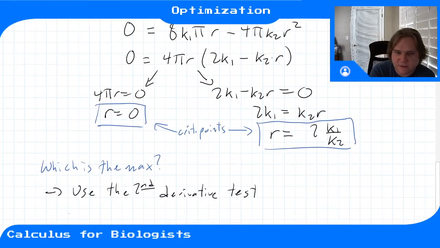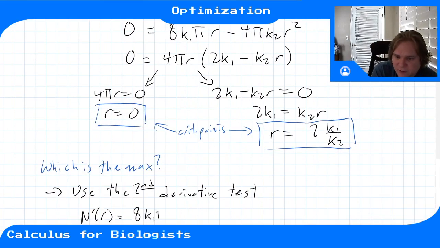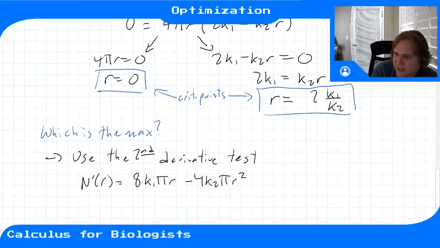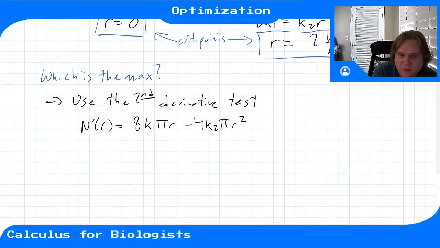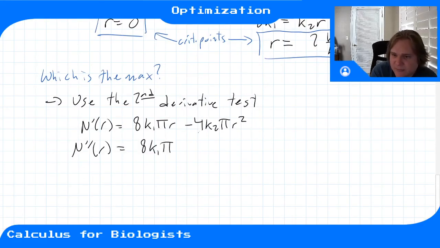It is n prime of r equals 8k1 pi r minus 4k2 pi r squared. So if we take another derivative, we get n double prime of r is equal to 8k1 pi, and then here we get minus 4 times 2 times k2 pi r.